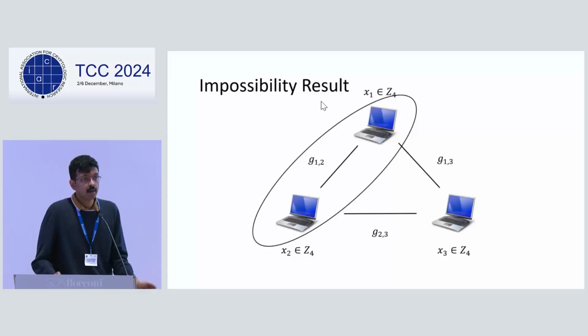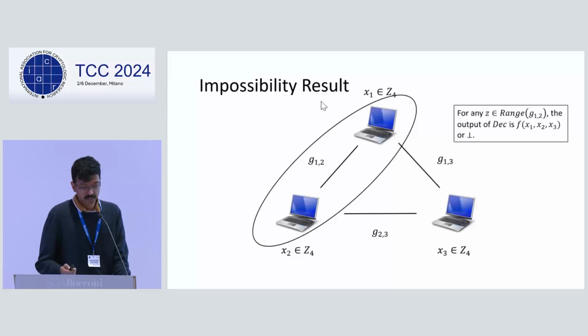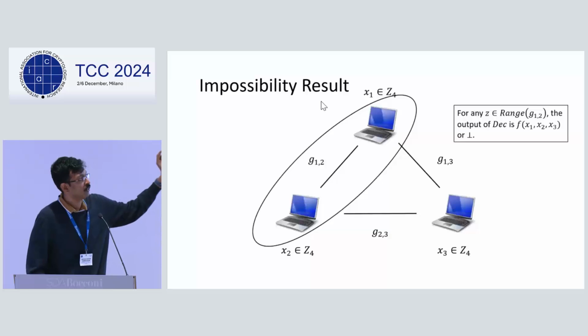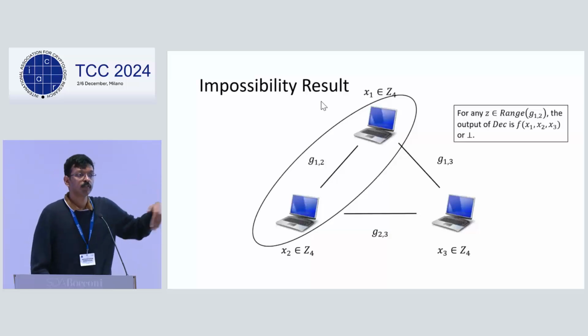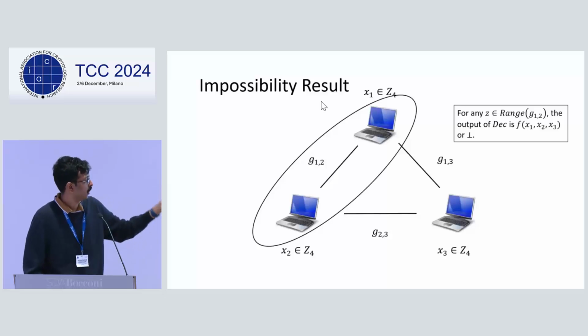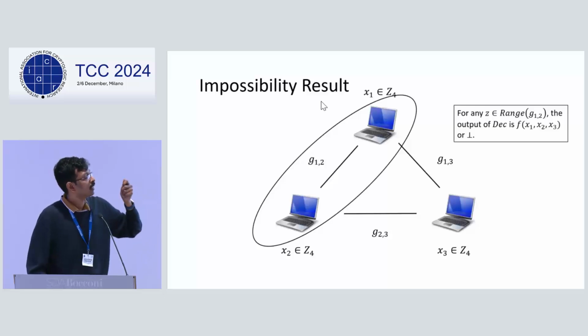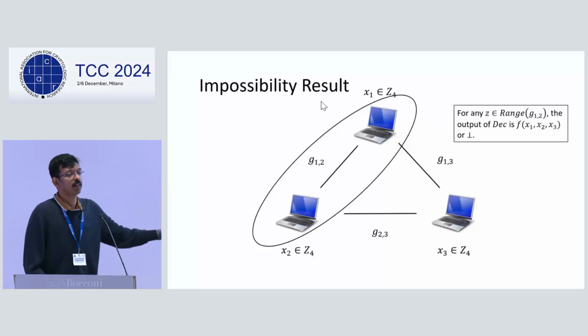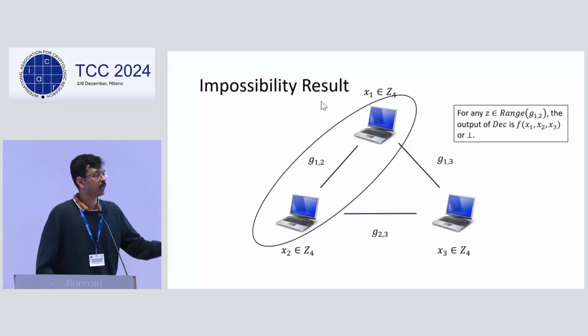The key observation that is crucial for our result is that for any z in the range of G12, the output of the decoder on the honestly computed G13, G23, and z is f of x1, x2, x3 or bot. If not, we can use this adversary to distinguish between the real world and the ideal world.